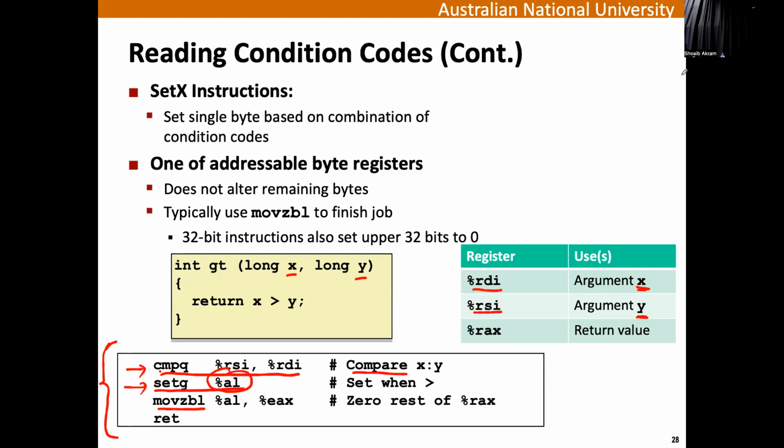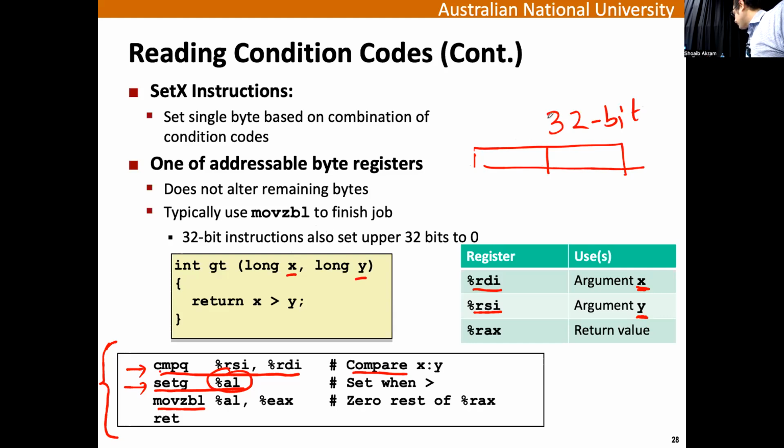So whenever an instruction produces a 32-bit value, you zero everything else.